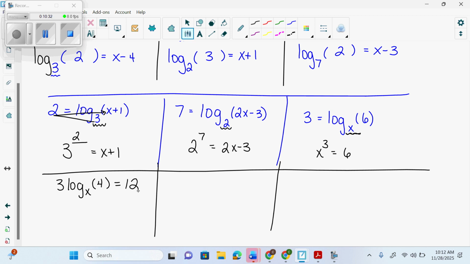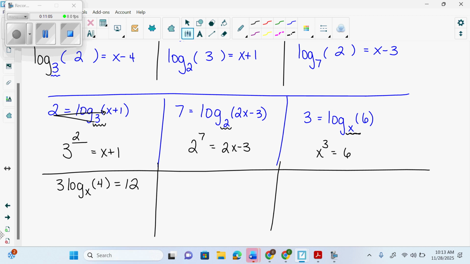Okay. How many pieces of information does this log have? 1, 2, 3, 4. In order to convert, I can only have 3. The extra piece is this little 3 that's sitting in front of the log, correct? Is there any way I can move that so that I only have 3 pieces instead of 4? How? What's it doing to the log? You guys are saying minus. That's not true.